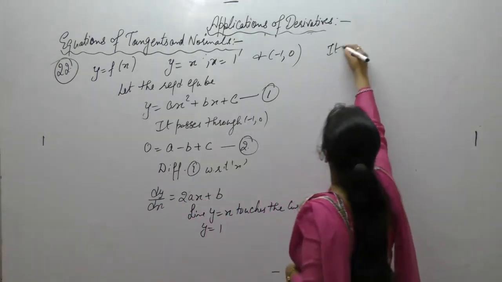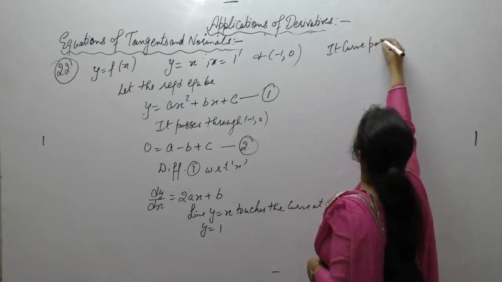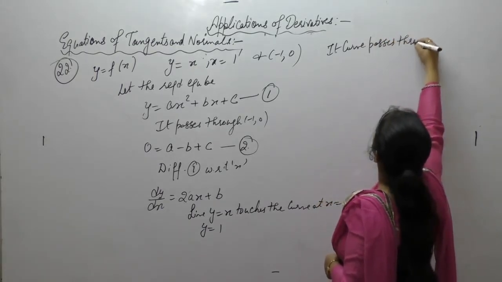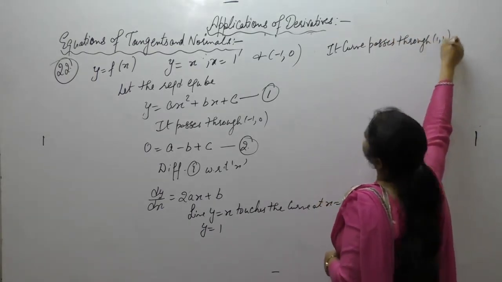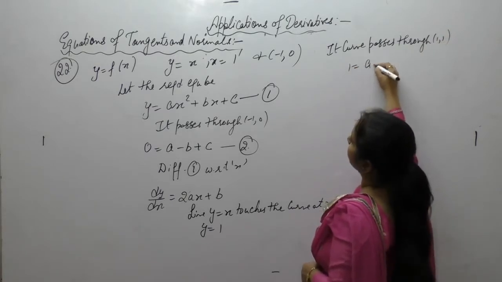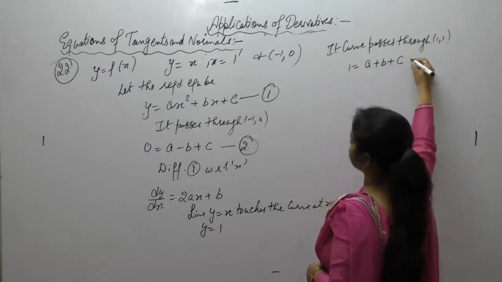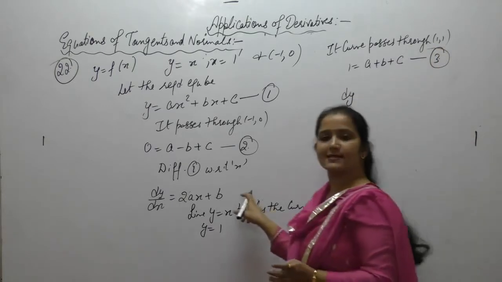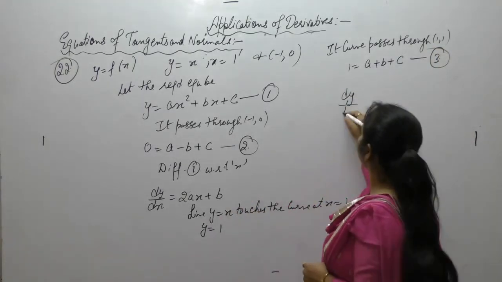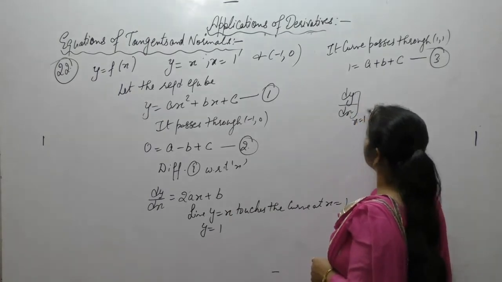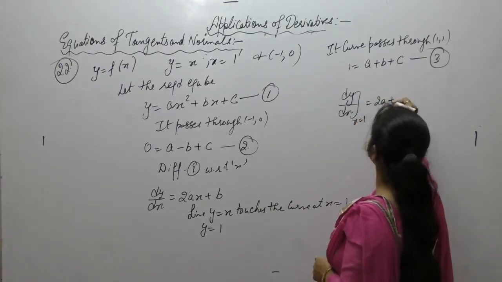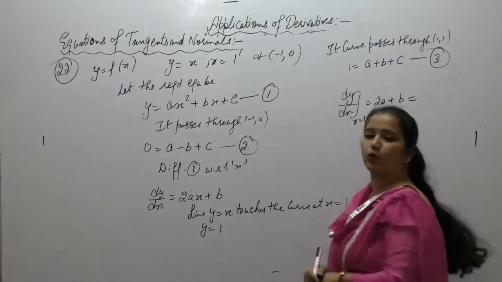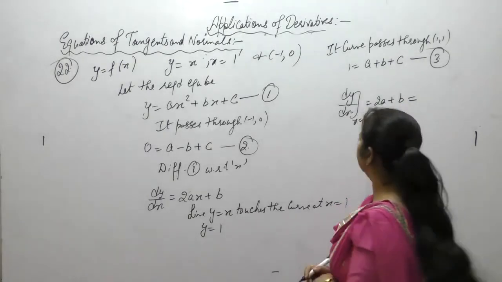It means curve passes through 1, 1. So what we get? A plus b plus c is equals to 1. Let this as 3. Now since the line touches the curve, so slope of the tangent at x is equals to 1 is 2a plus b. That will be equal to slope of the line.